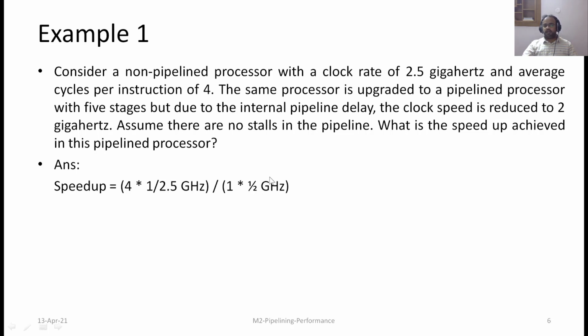So it's not half gigahertz, it's 1 divided by 2 gigahertz, which means it would be half times 10 power minus 9. So the speedup effectively is 3.2. It means that the pipeline version of the same processor is able to give us 3.2 times the speedup.